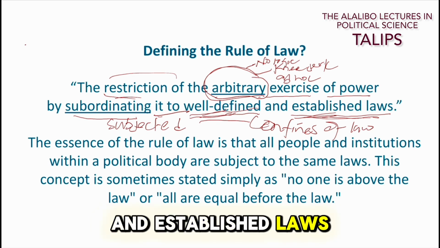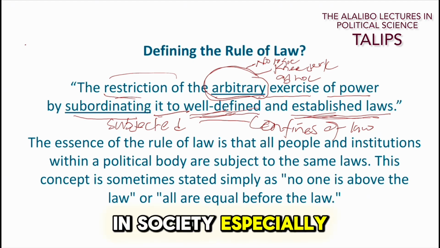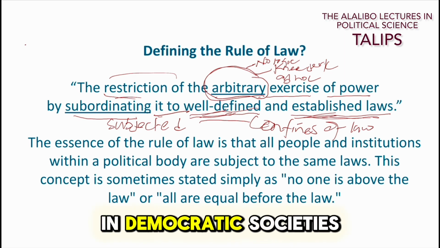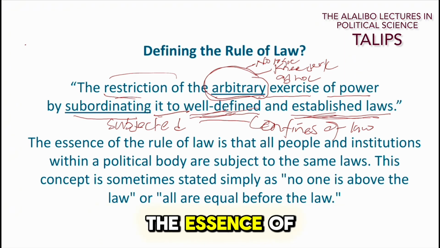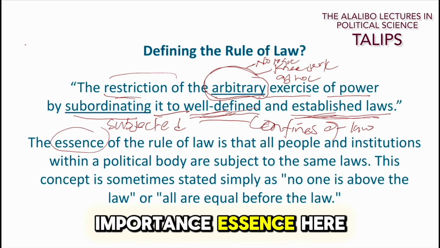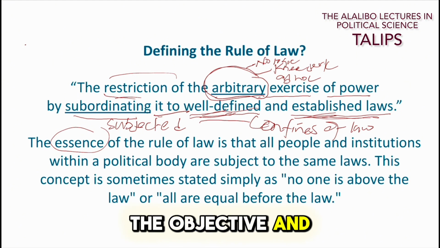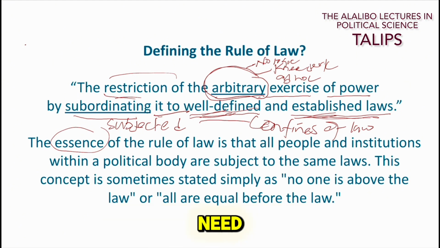Now, let's take a look at this a bit closely and begin to see what that means in society, especially in civil society, in democratic societies. It says here, the essence of the rule of law is that, right? Essence means the importance. Essence here means the purpose and the objective and the key overarching need.